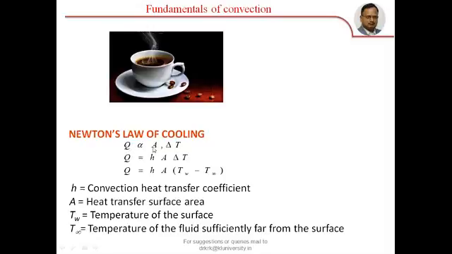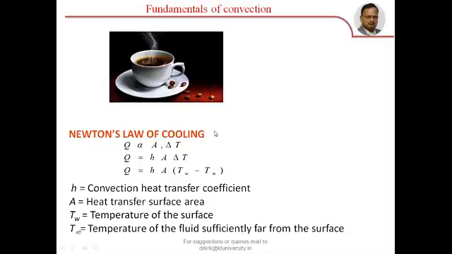We have seen that Q by A is heat flux. So we can say that the heat flux is directly proportional to the temperature difference between the surface and surrounding medium. This is what is called Newton's law of cooling.